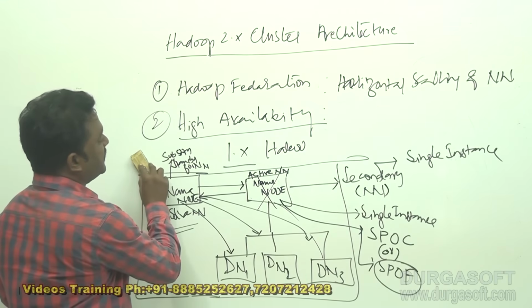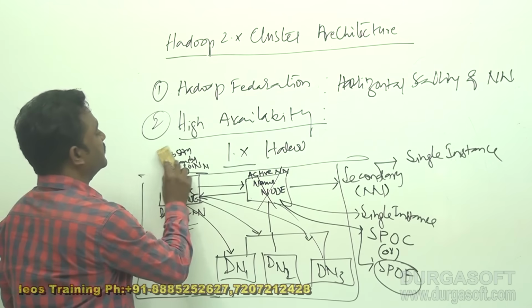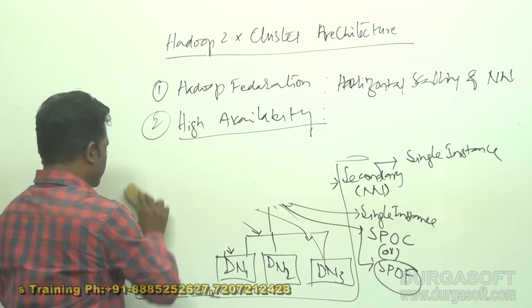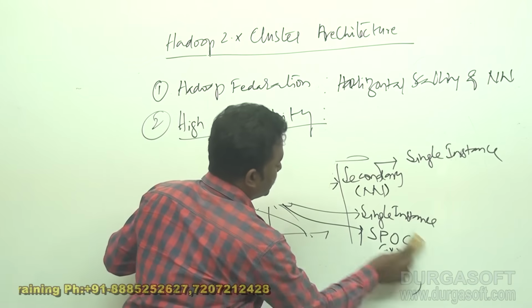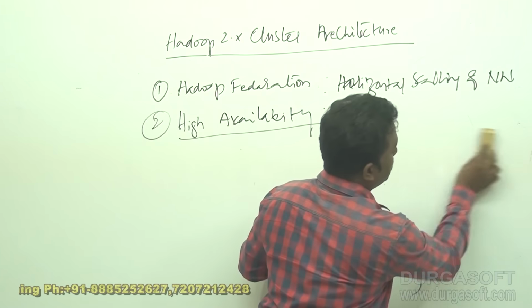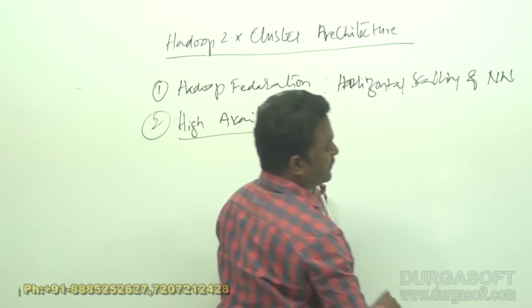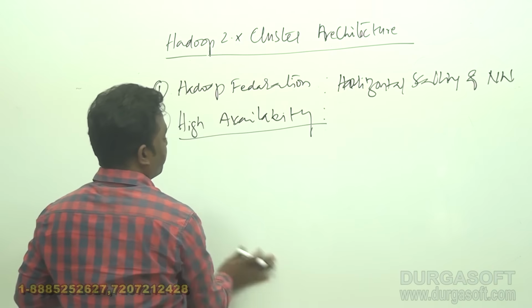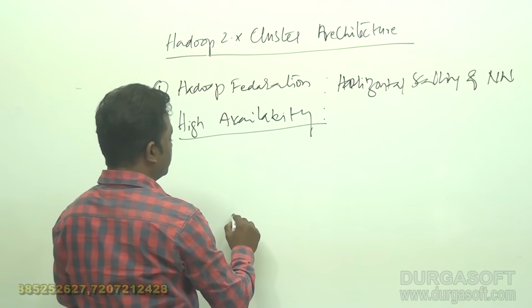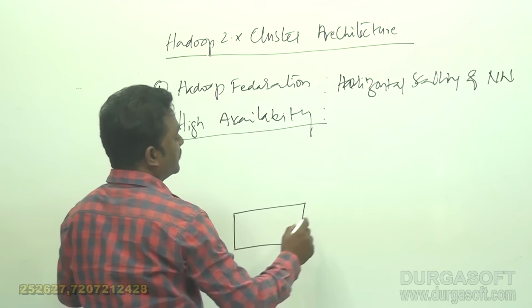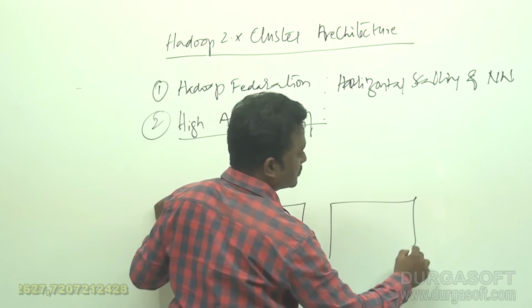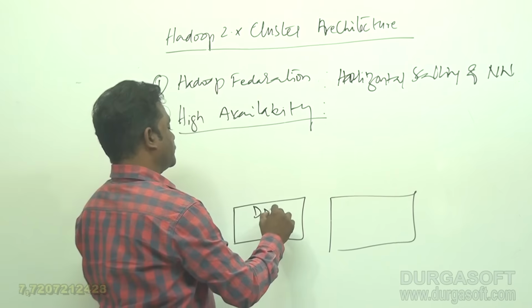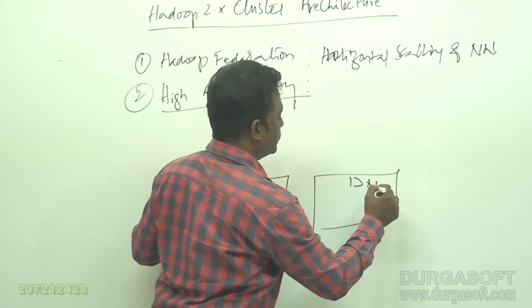Now this can also be understood with a pictorial representation. If you want to draw a picture, let us say you have a data node and you also have another data node here.